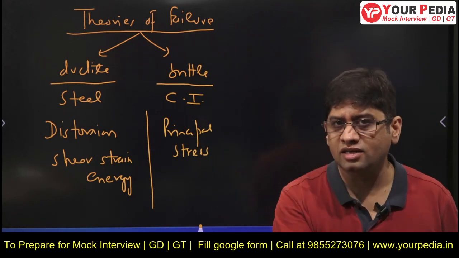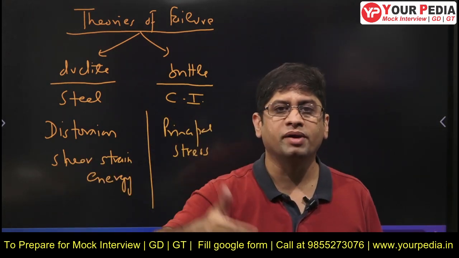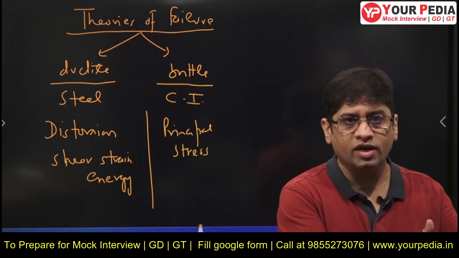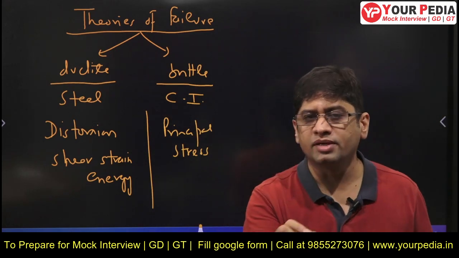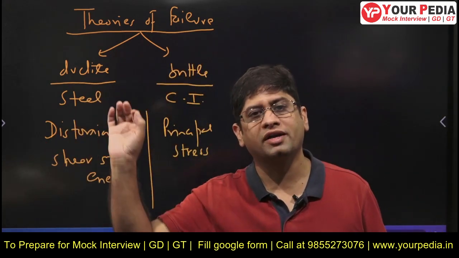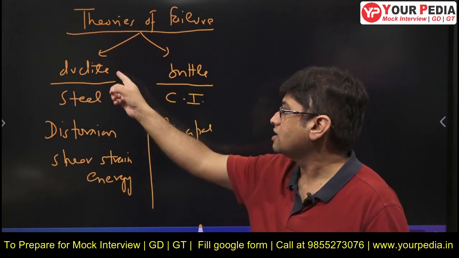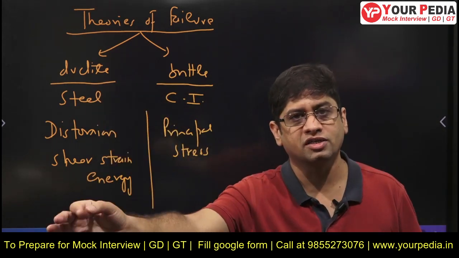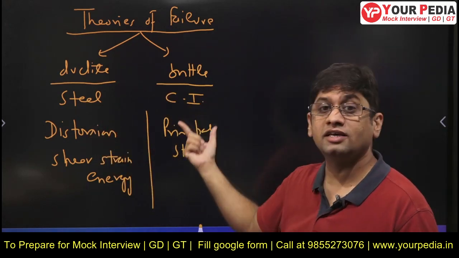Brittle materials on the other hand have better shear strength compared to ductile material. That means they do not fail because of shear stress. Brittle material fails because of principal or direct stress. So brittle materials fail because of principal stress, ductile materials fail because of shear stress.